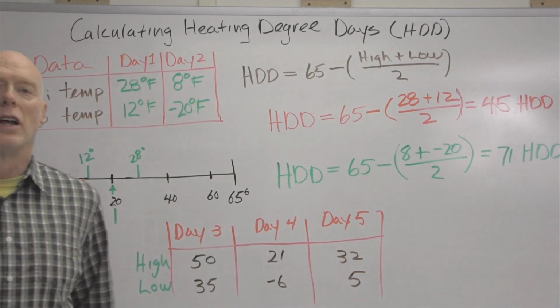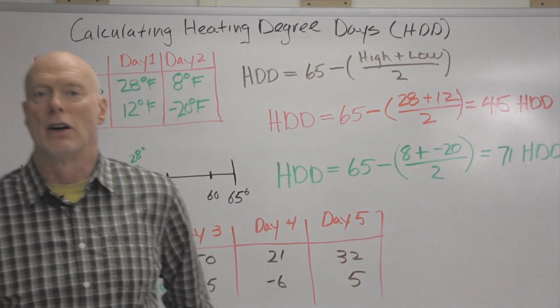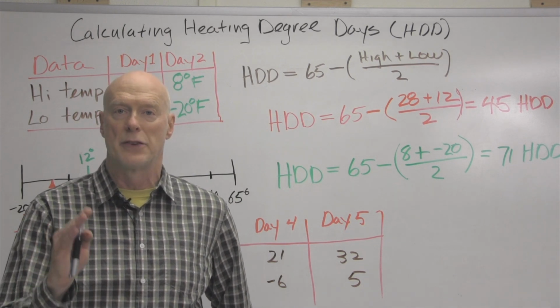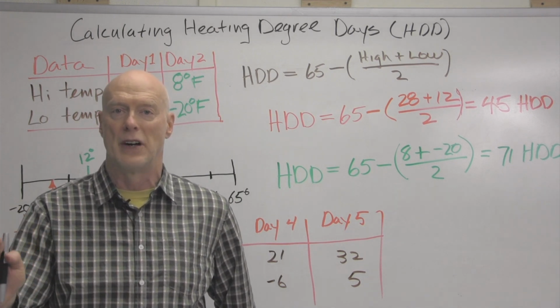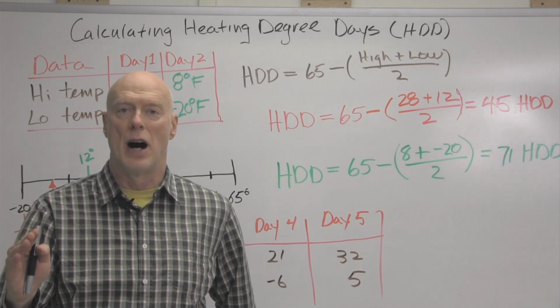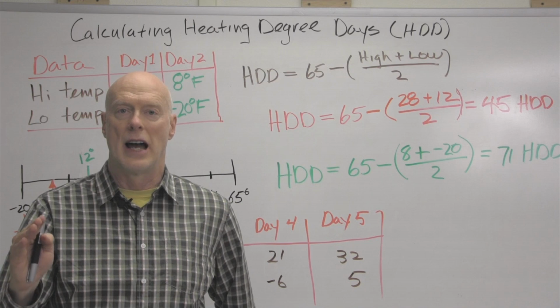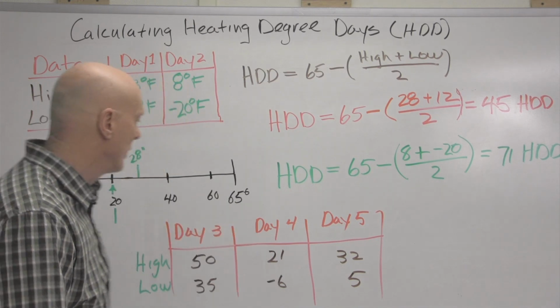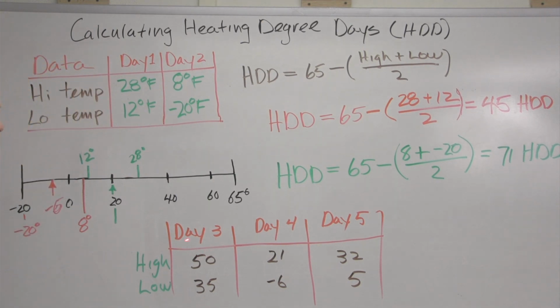All right, thank you for helping me solve those problems. What I'd like you to do is go on to day 3, day 4, and day 5. Pause the video after I get done describing what I want you to do. Day 3 has a high temperature of 50 and a low temperature of 35.